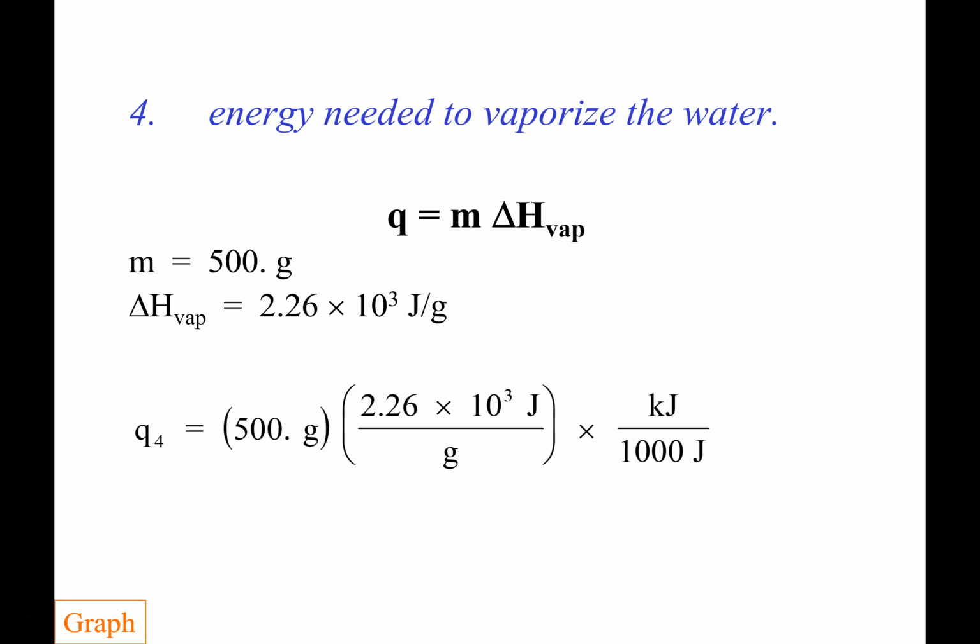Q4 is equal to the mass, 500 grams of liquid water converting to gas, 3 sig figs, times the heat of vaporization, 2.26 times 10 to the third joules per gram. Let's go ahead and convert from joules to kilojoules, 1 kilojoule over 1,000 joules. 3 sig figs, and we get our Q4 as 1.13 times 10 to the third kilojoules.